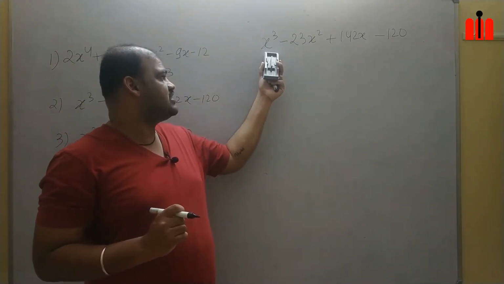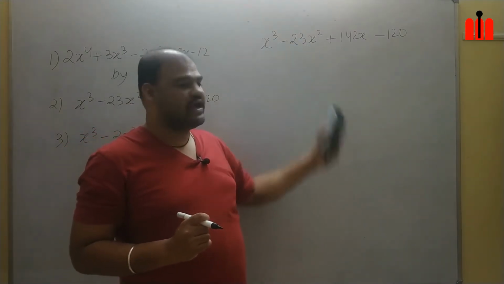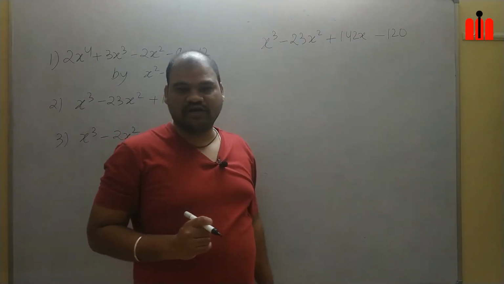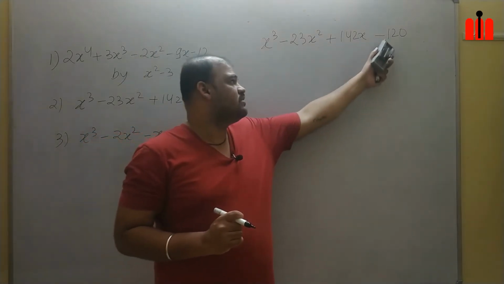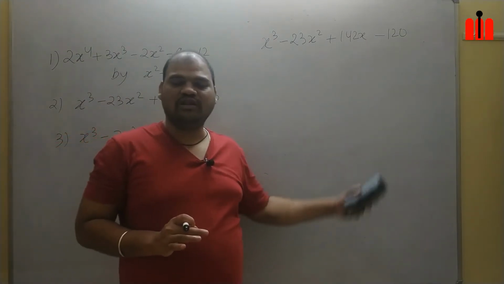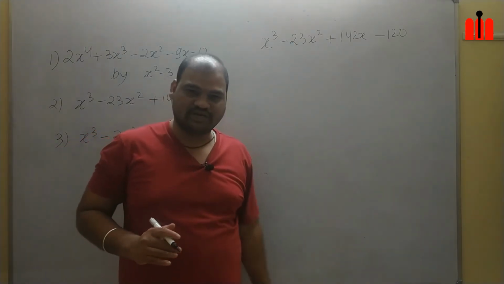So if we keep x equal to 1, we see here it is 1 minus 23 plus 142 minus 120, which is 0. So x equal to 1 will give me a 0 for this expression.